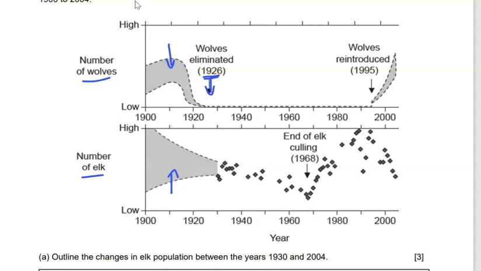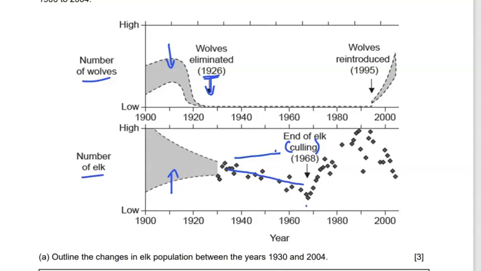One would have predicted that the elk numbers would have increased, but as you can see from this pattern here, they are slightly decreasing. This is the consequence of culling, which is humans shooting the deer probably during this period here.